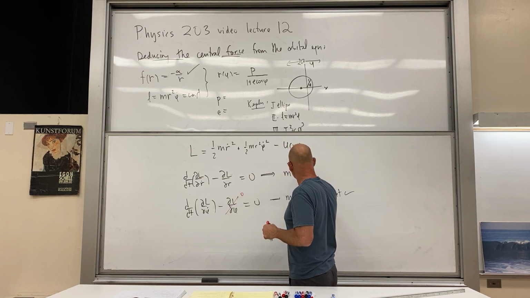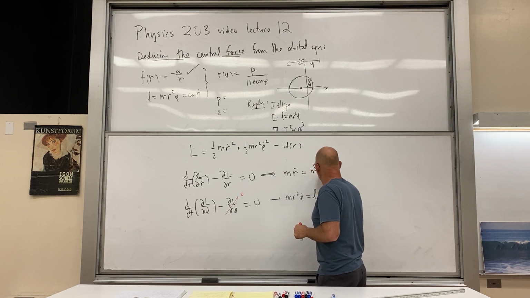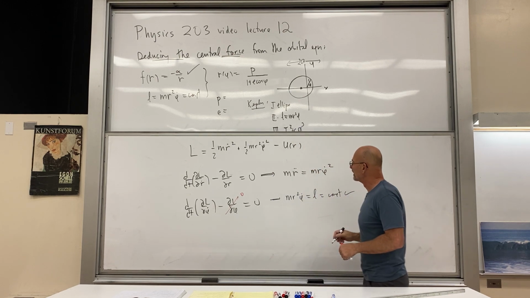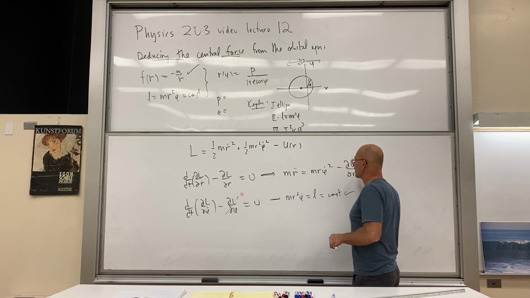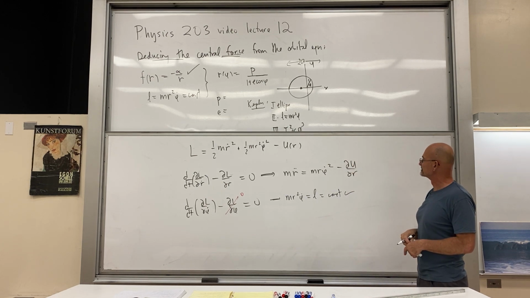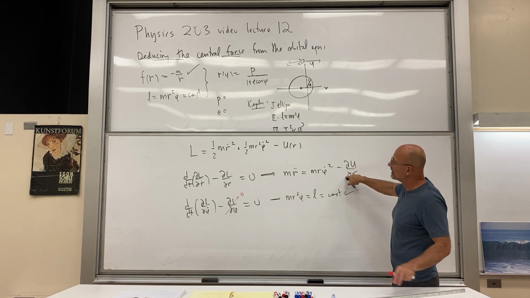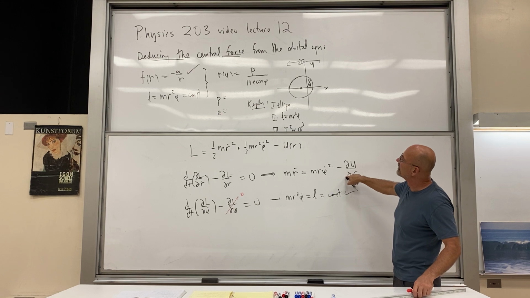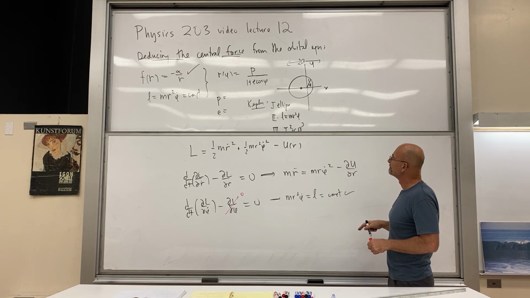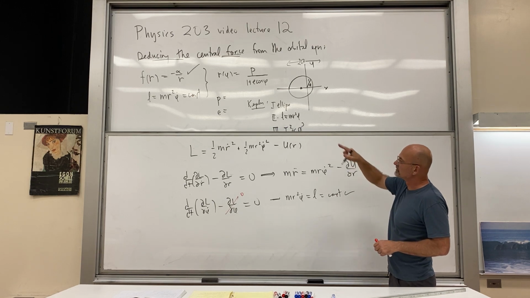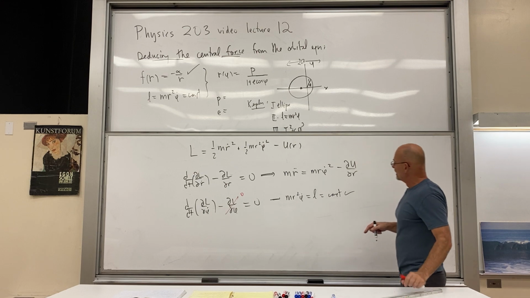So this is going to equal dL/dr. Here we have m r phi dot squared, and then we have minus dU/dr on that side as well. And of course, this is the f of r. Okay. That's up there. Yeah, this intermediate thing was misleading. We'll go back to that.